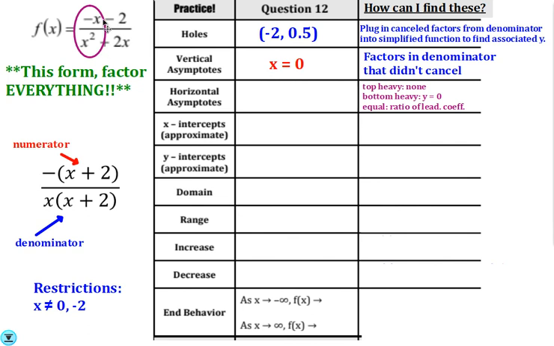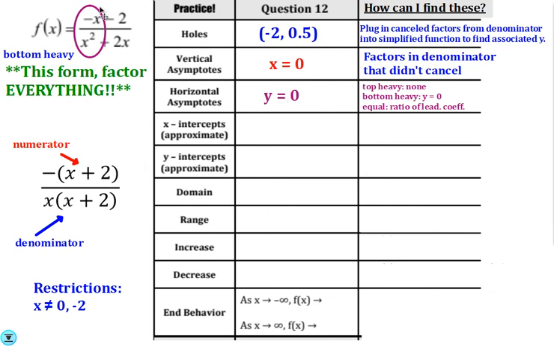So the x in our numerator has a power of 1, and the power in our denominator is 2. So which is higher, 2 or 1? 2 is bigger, so we would call this bottom heavy. So in this case, bottom heavy is always y equals 0.